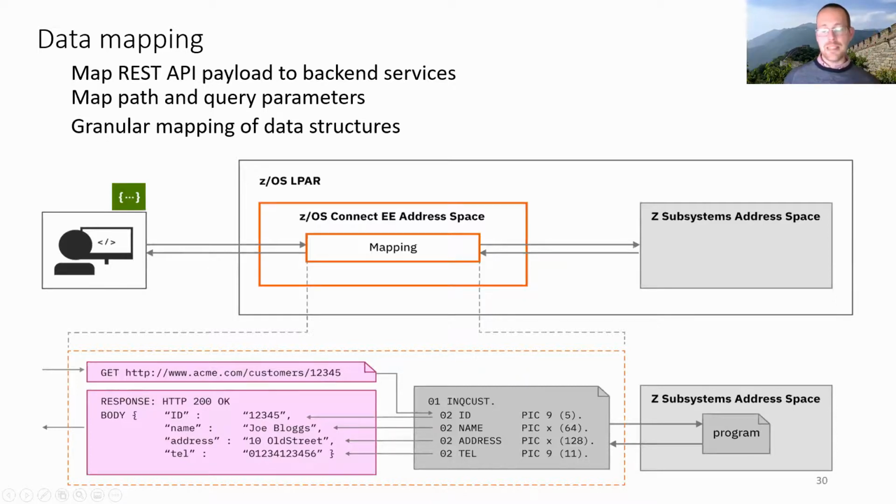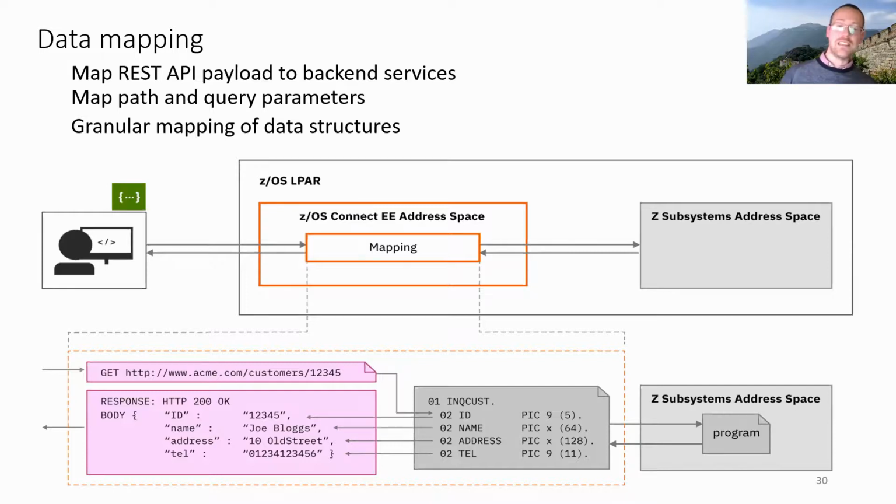What z/OS Connect does is map that 12345 into a particular field on a COBOL copybook, and that request then gets sent to the backend KIX transaction or IMS transaction. That fills in the rest of the COBOL copybook, the name, the address, and the telephone, and that then gets mapped back by z/OS Connect into a JSON structure which gets sent to the caller.